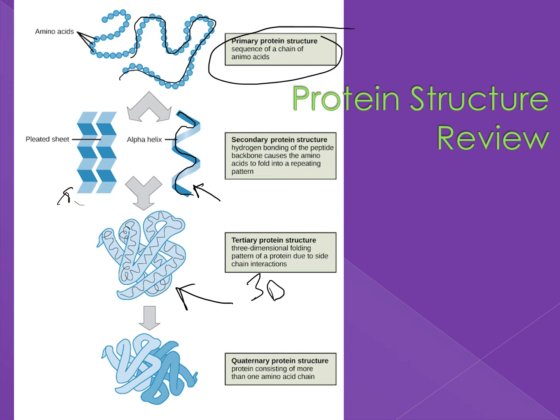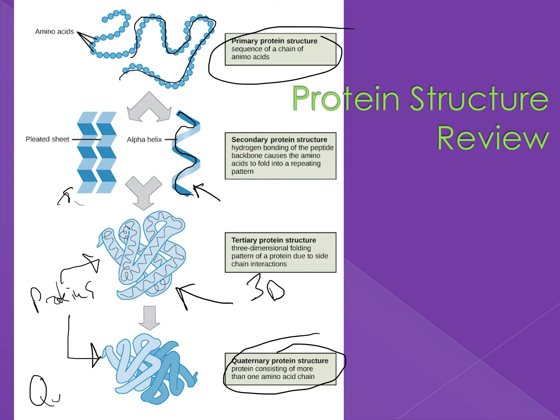Proteins, to my knowledge, always have tertiary structure, and often have quaternary structure, where more than one of these polypeptides are joined together, as we've seen here. Here's one, and then here's the other, forming the quaternary level of protein structure.